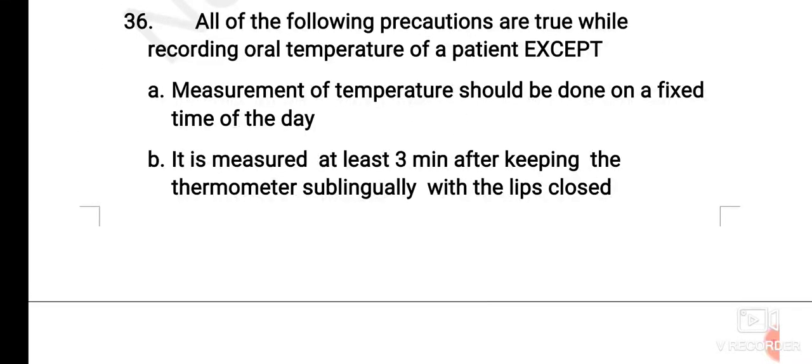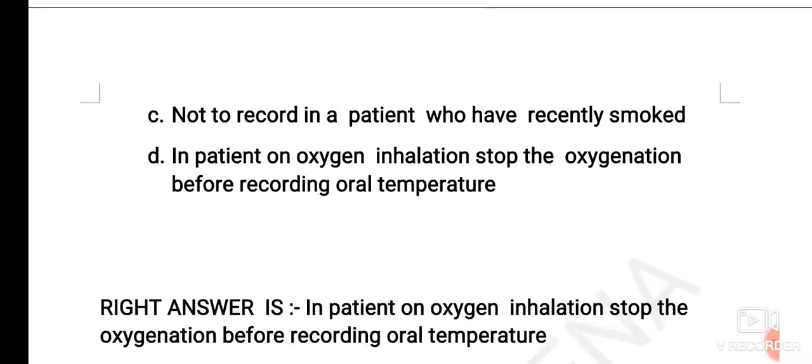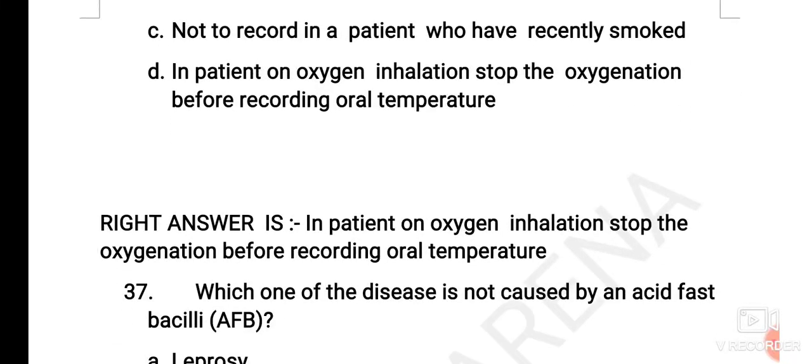So, the exception in this question is, in a patient on oxygen inhalation, stop the oxygenation before recording oral temperature. It can lead to more complications and may lead to death also. That's why we don't have to stop the oxygenation in the patient.